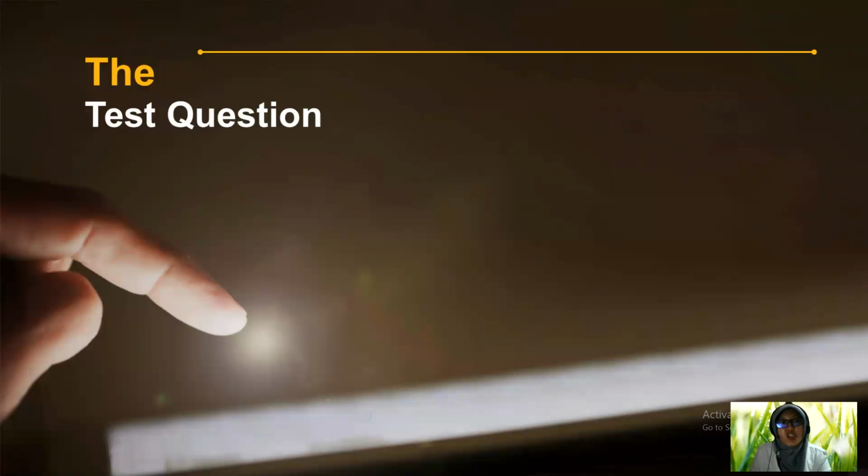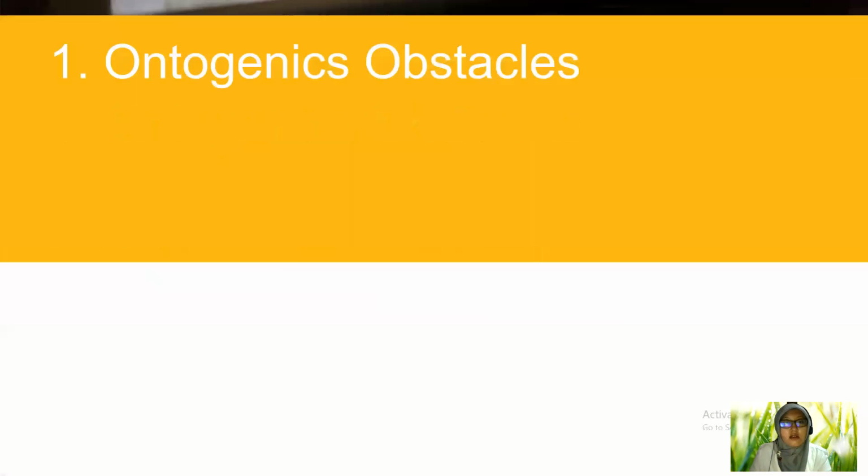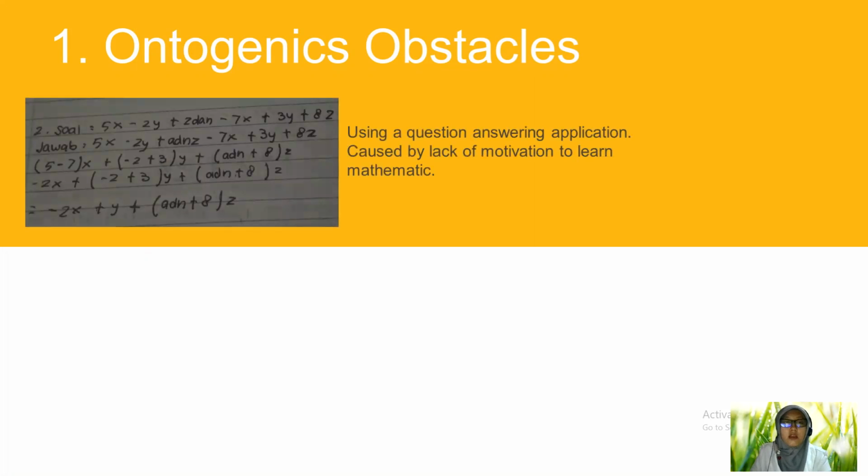For result and discussion, this is the test question about algebra. And this is the result. The first one, ontogenic obstacle. At the first figure, the mistake is using a question answering application, caused by lack of motivation to learn mathematics.